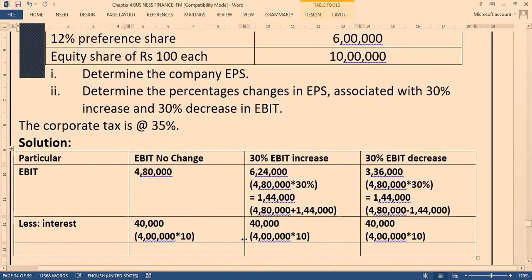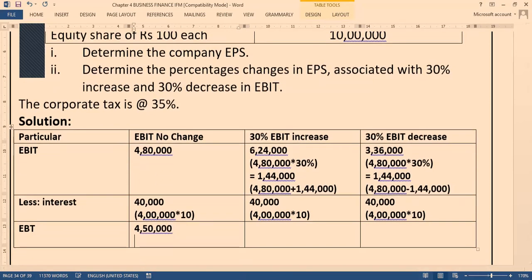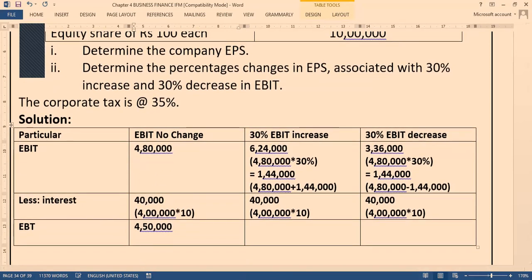Now we have to subtract. EBIT minus interest gives earning before tax. You'll be getting around 4,40,000. If you get confused, I'll mention it also: 4,80,000 minus 40,000 is 4,40,000.